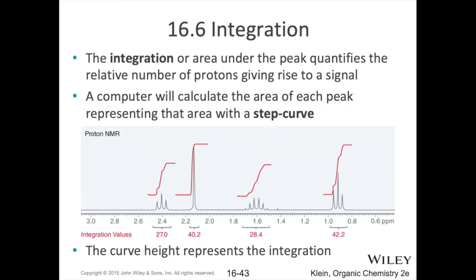I know there's a methyl group in my molecule, and that's what I expect it to be. So this peak represents 3 protons. So why don't I set 40.2 as 3 and scale all of these other things accordingly? You tell the program to do that, and it automatically scales things down.